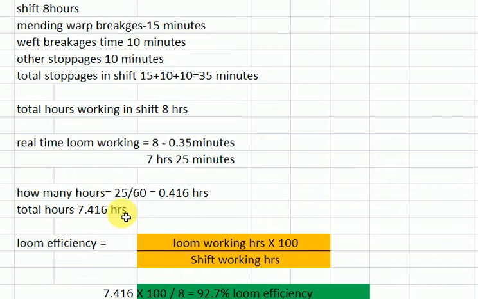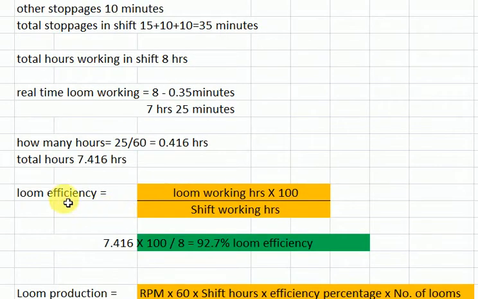Okay. Then now we calculate the efficiency. So loom efficiency is loom working hours multiplied by 100 divided by shift working hours. So here you can see 7.416 hours are the total hours the loom worked, multiplied by 100, this is percentage, divided by shift working hours.